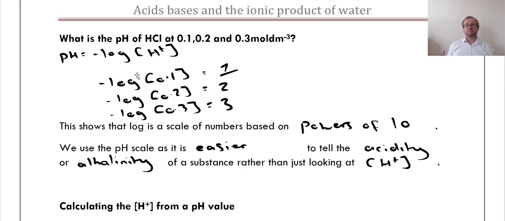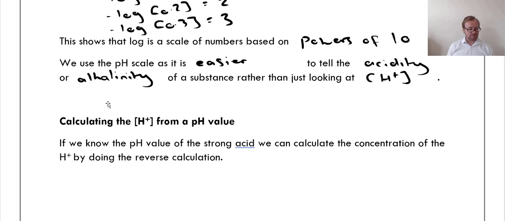With big numbers or very small numbers for the H+ concentrations, it's hard to tell whether the solution is acidic or alkaline. Therefore, by converting it into pH, we have an easy reference point to be able to tell what the pH is. Okay, so moving on.